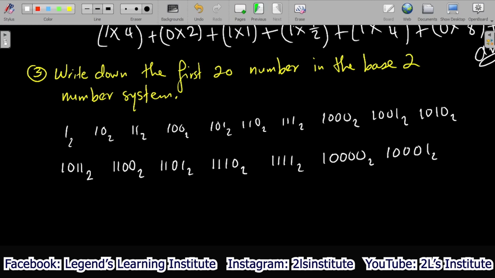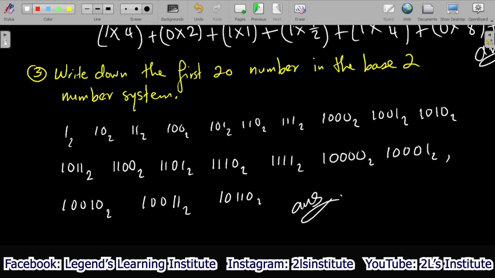We need 3 more. So we have 1 0 0 1 0 base 2, 1 0 0 1 1 base 2, and the final one would be 1 0 1 0 0 base 2.